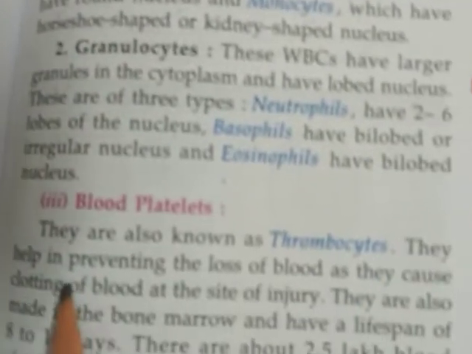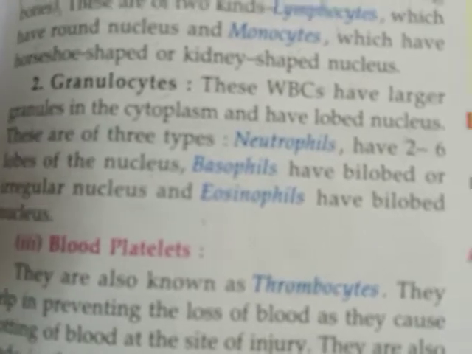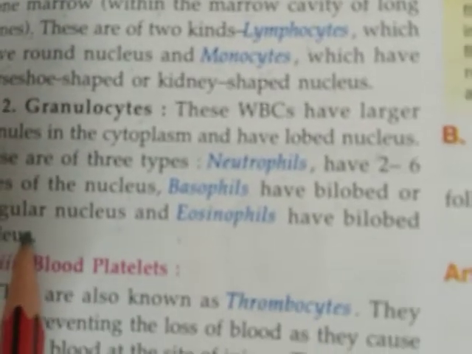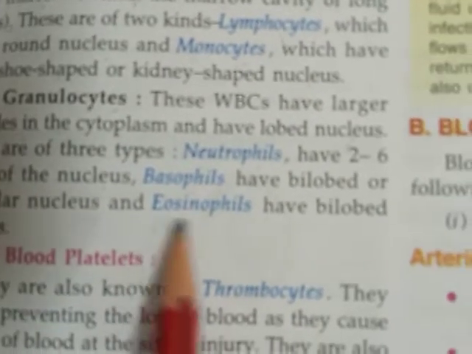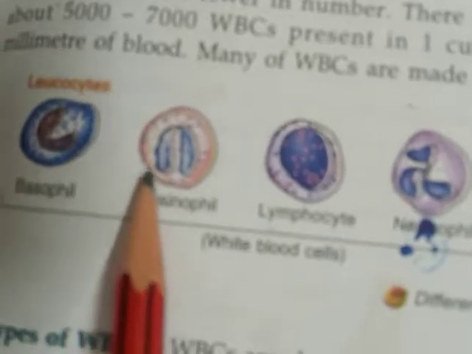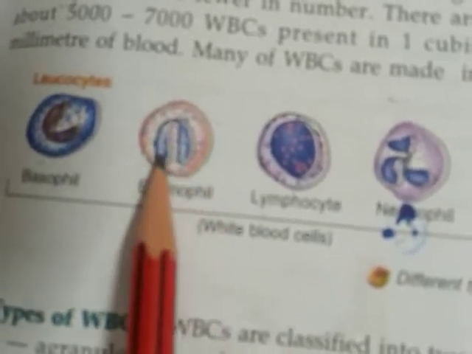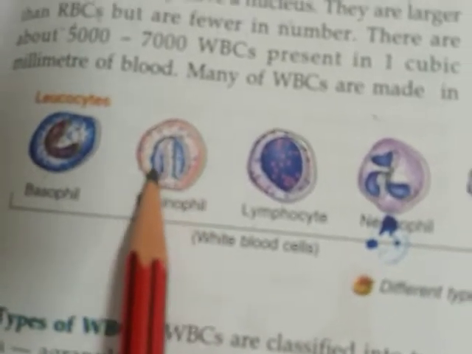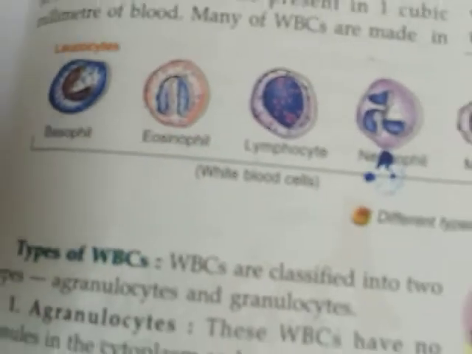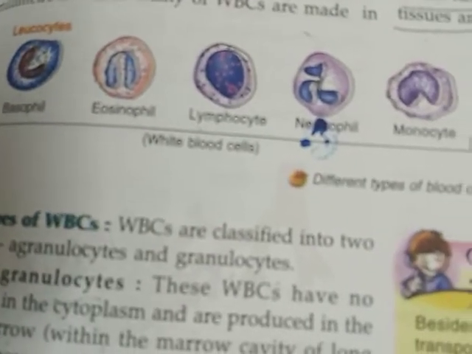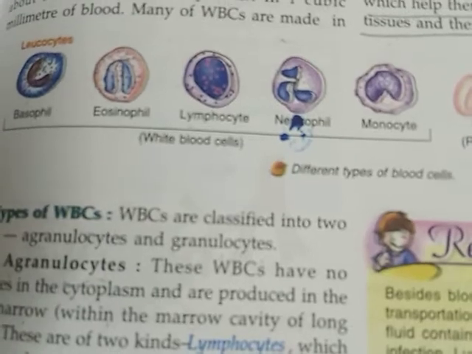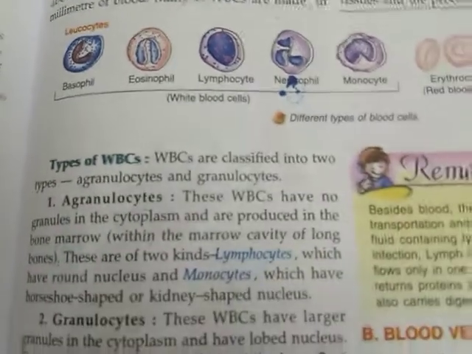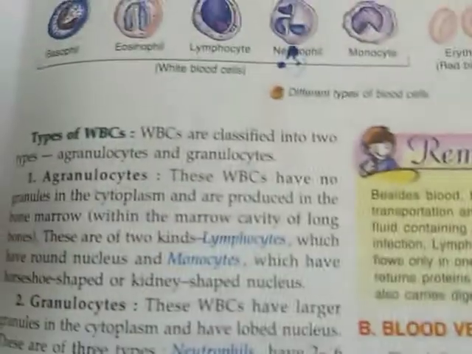And eosinophils have a bilobed nucleus. Here you can see eosinophils, they have 2 lobes in the nucleus. So this is the difference between the neutrophils, basophils and eosinophils based on the lobes present in the nucleus.